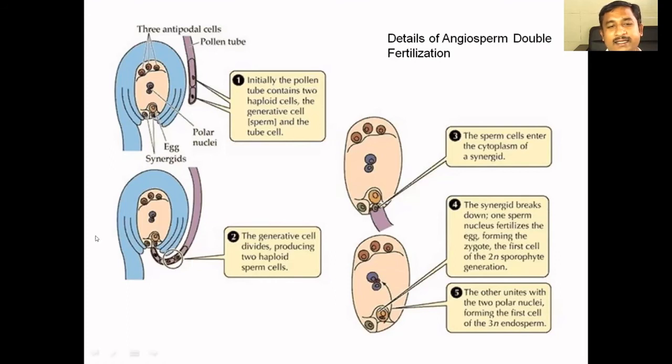That is why the tube cell helps with recognition. The synergids break and give a path to the generative cells to fertilize the egg.